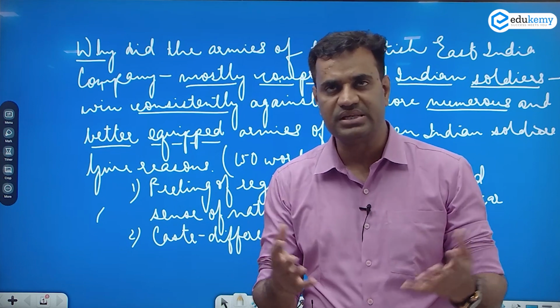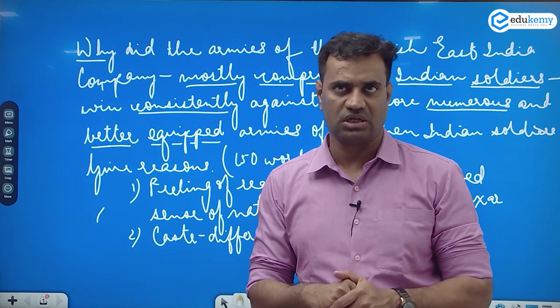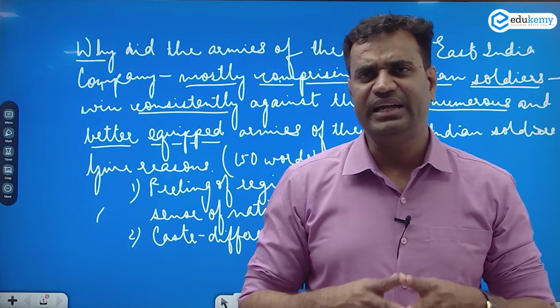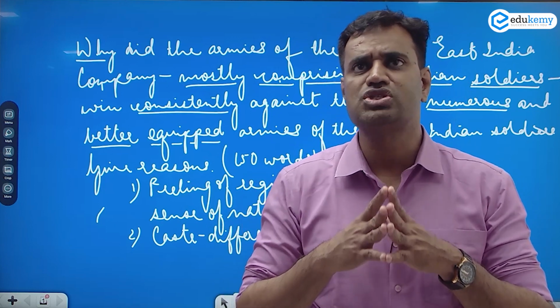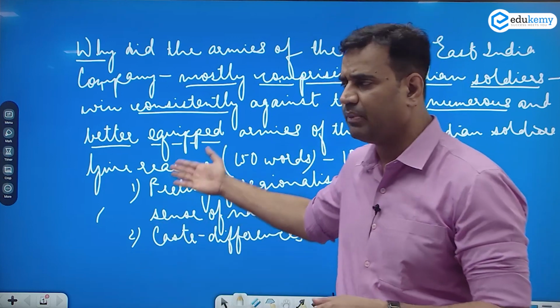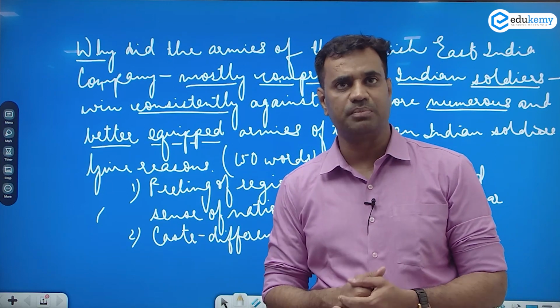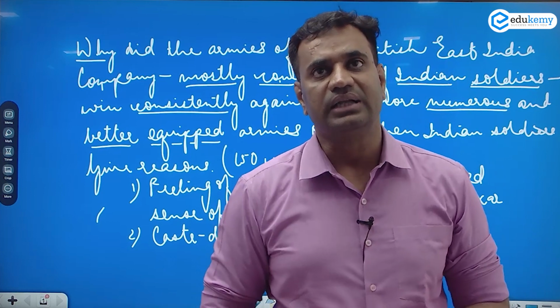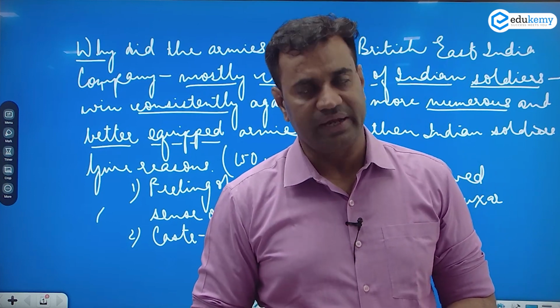Peshwas were Brahmins and Marathas belonged to a lower social order. That is why such differences got manifested, and it enabled the British to defeat even the most developed, better equipped power, the Marathas in western India. So this became another major factor that led to the defeat of Indian powers.